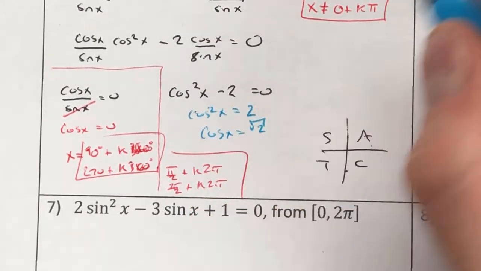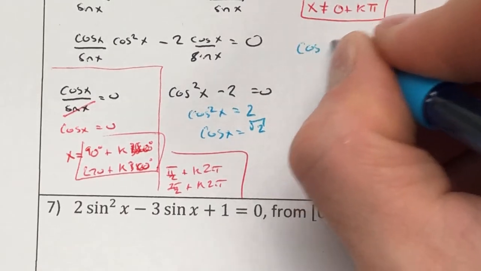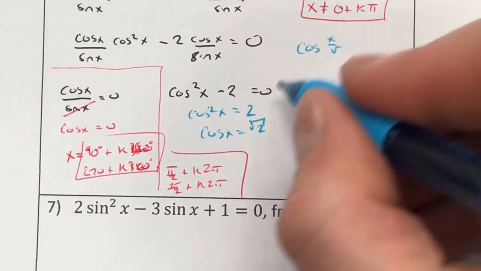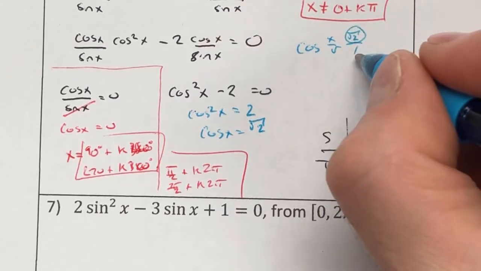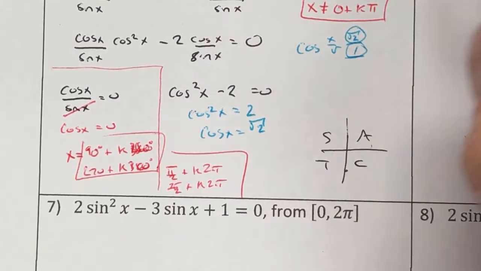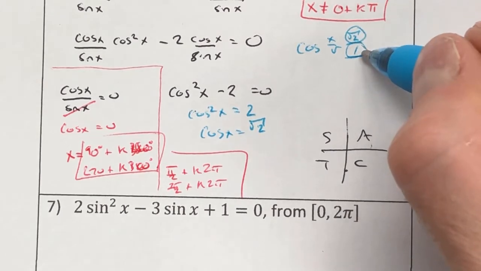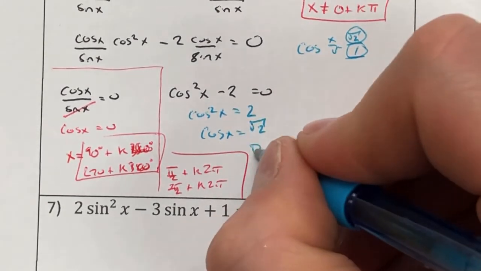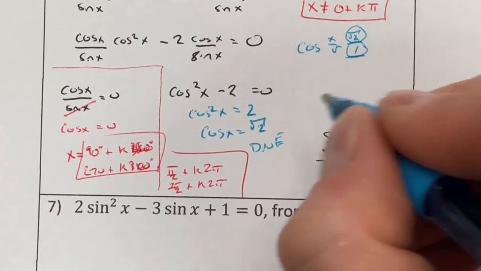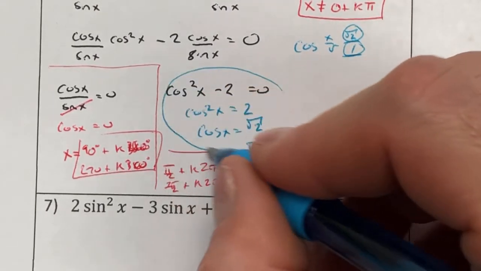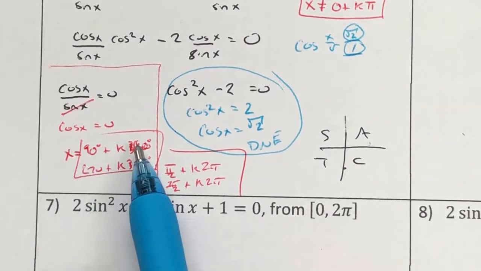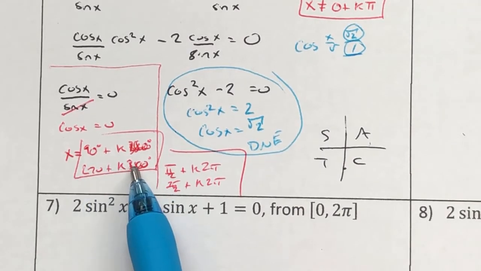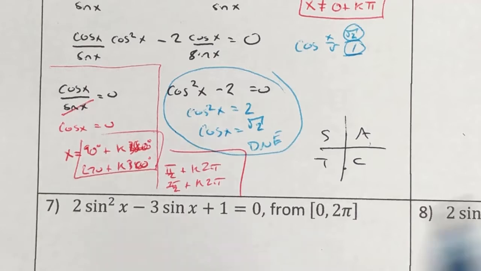I know because cosine is going to be the x over the radius, and I have a root 2 as the x and the radius of 1, that's saying that my x value is bigger than my radius, which means that one of the legs of my triangle is bigger than the hypotenuse. So this does not exist. Perfect. I have 90 degrees every 360 and 270 degrees every 360, as long as x doesn't equal that.